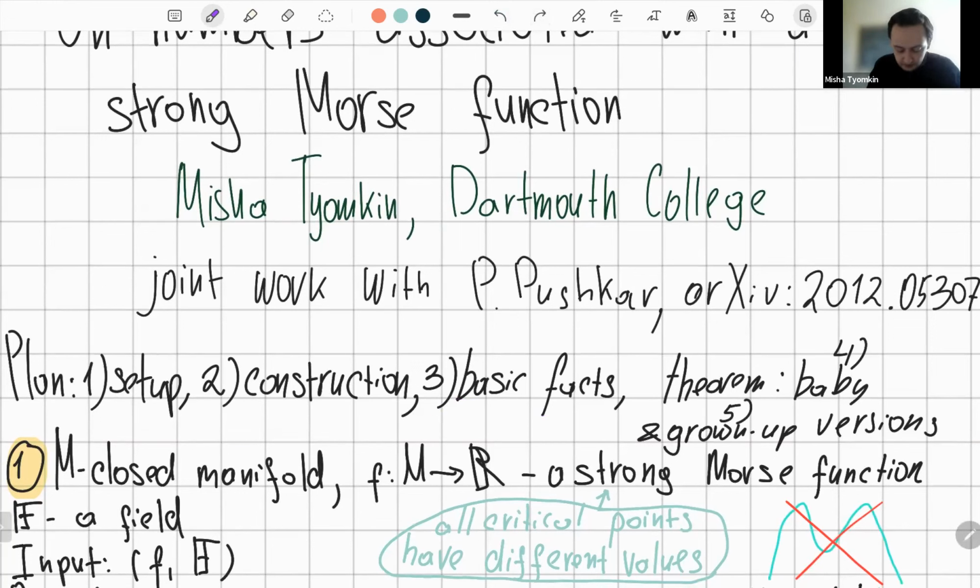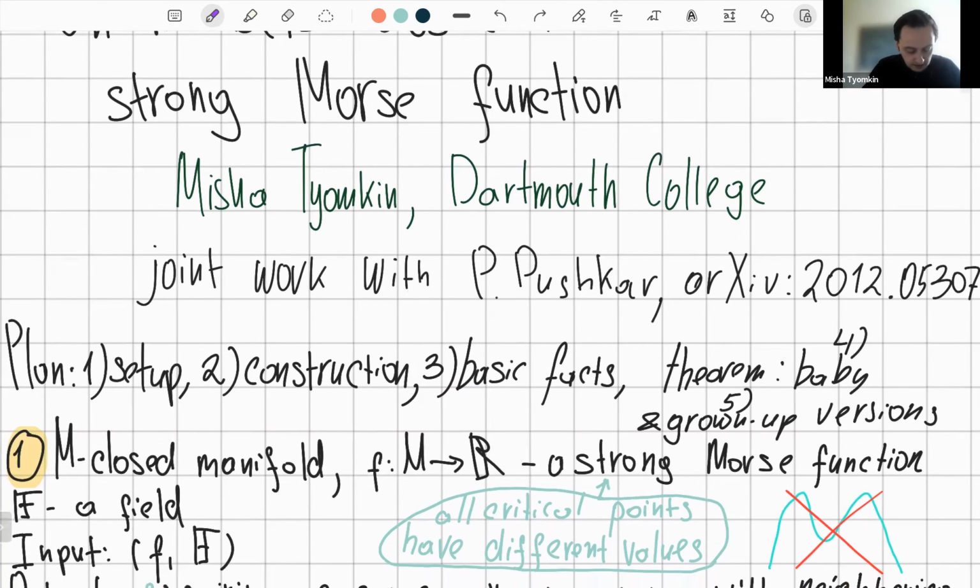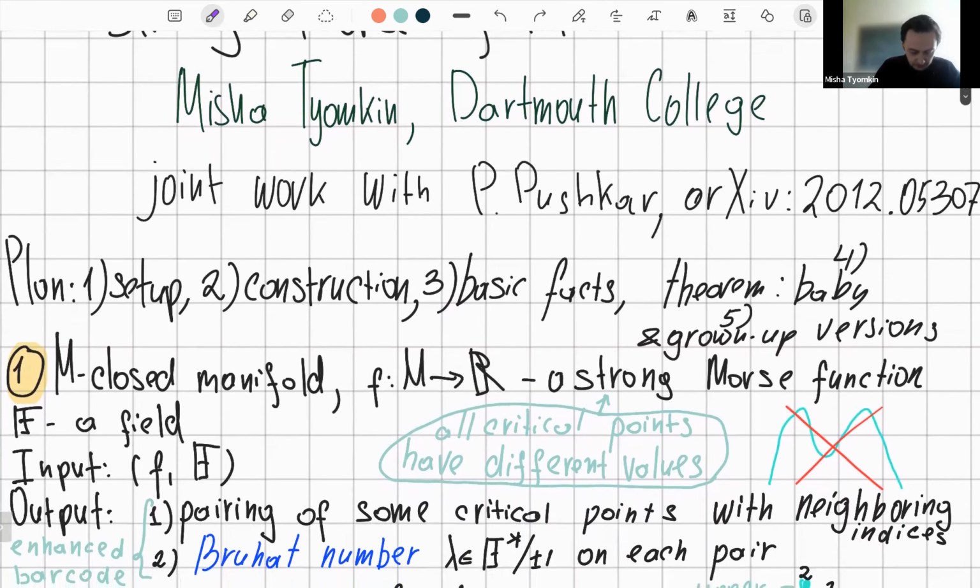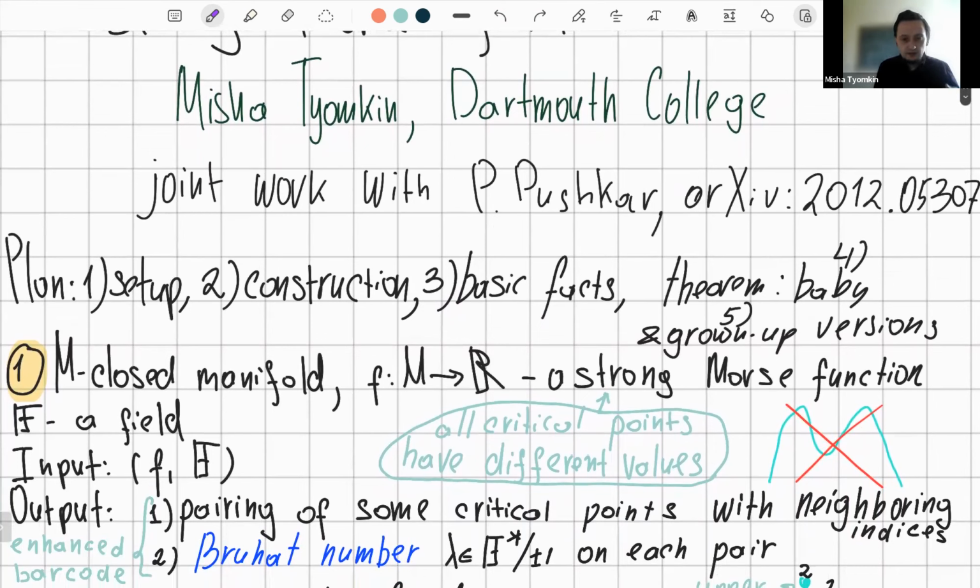It is still a generic condition which prohibits two critical points from being on the same level. And let big F be a field in the algebraic sense, a ring with division. So the input of the invariant is F and big F, a function and a field, and the output is the following. It consists of two parts.